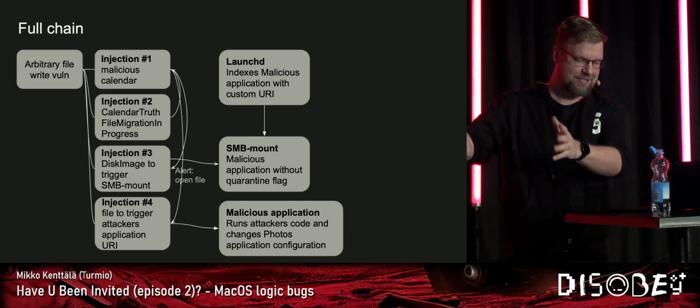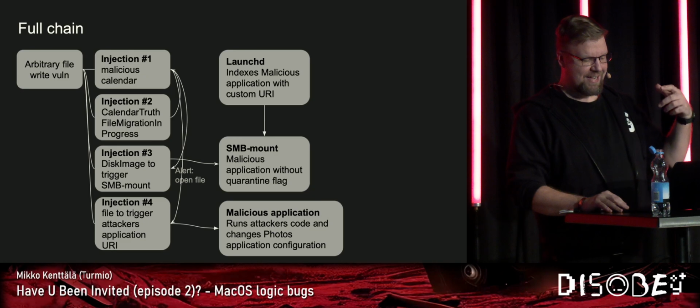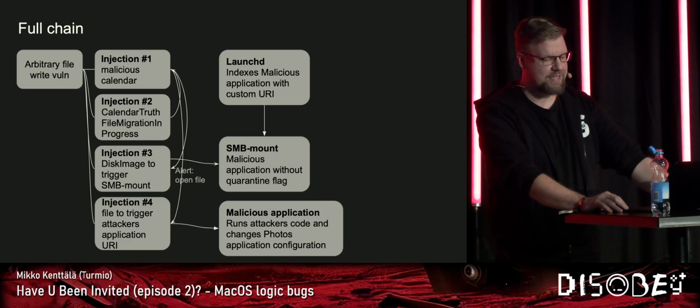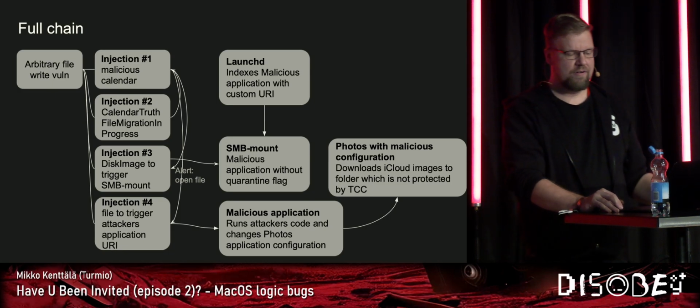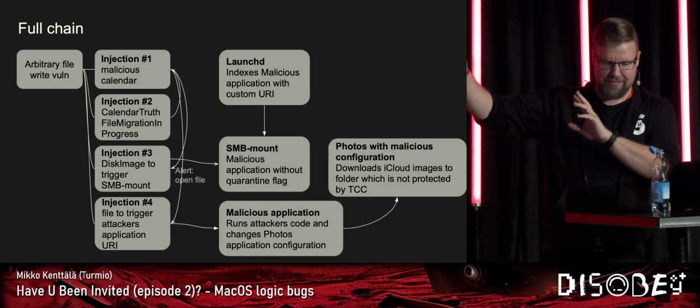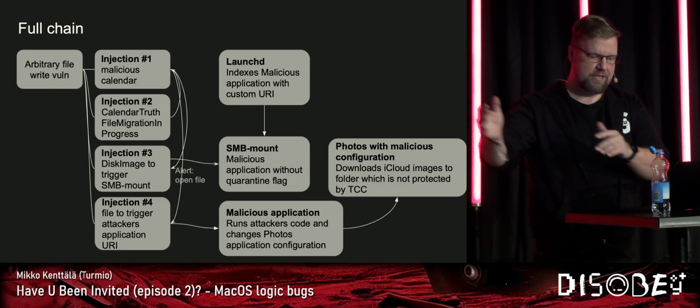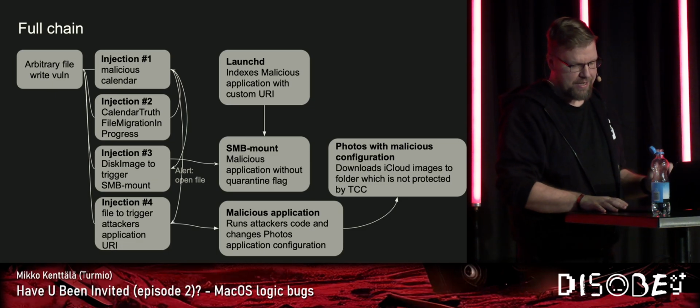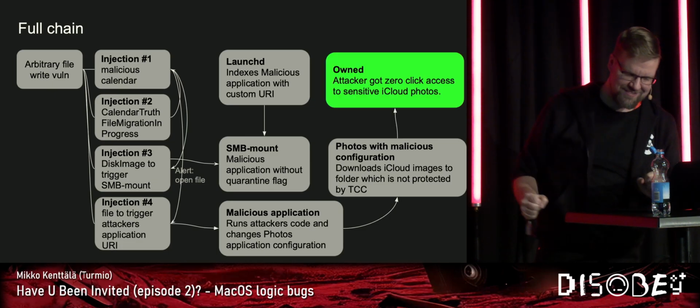And now we have a malicious application running. It will run my malicious code, which will change the Photos application configuration. Then we launch Photos, and all the photos will be downloaded to my evil directory, which is controlled completely by me. And we are there.